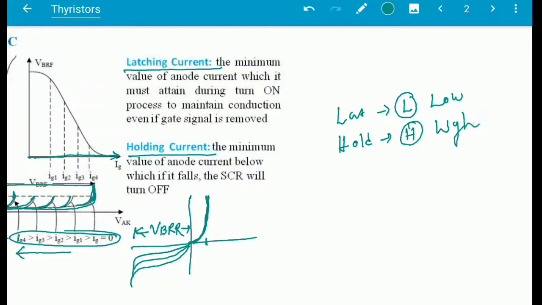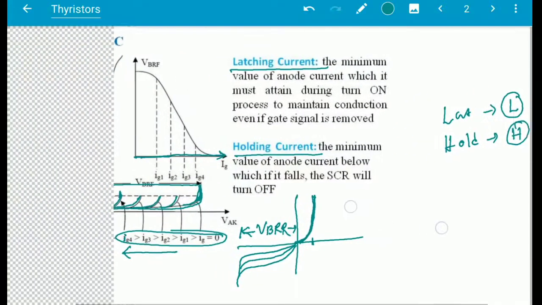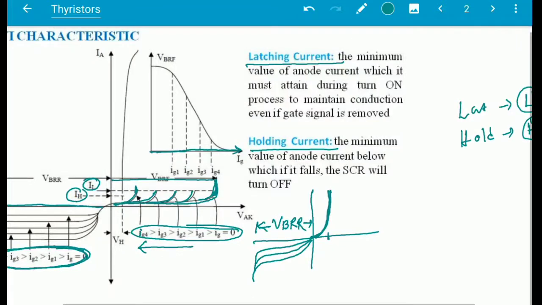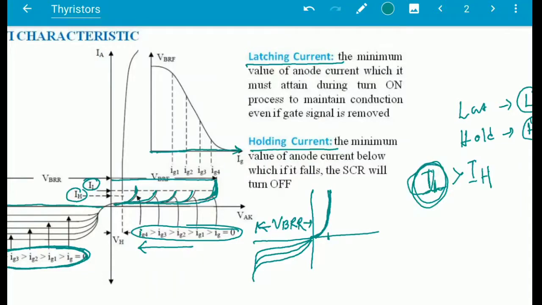But we have to remember the opposite, that means the latching current IL is greater than IH. Here I have denoted L as low, but we have to remember that this is high. So the latching current is always greater than the holding current.